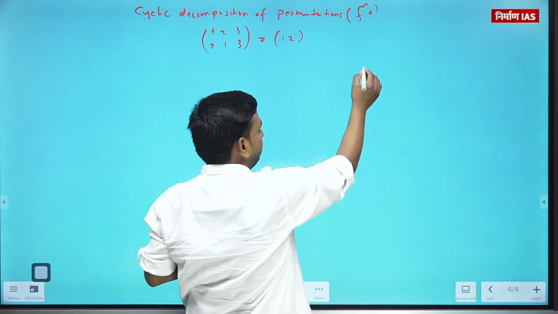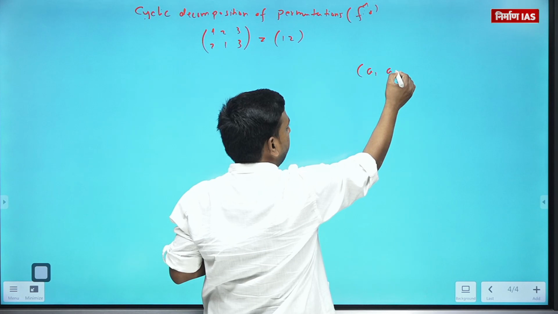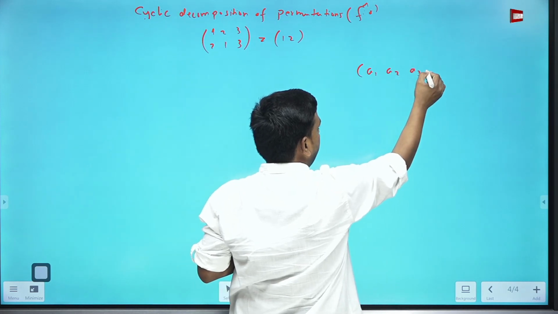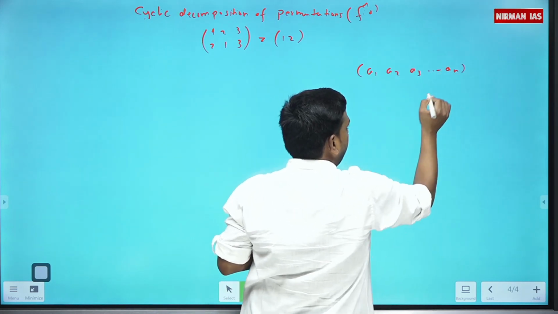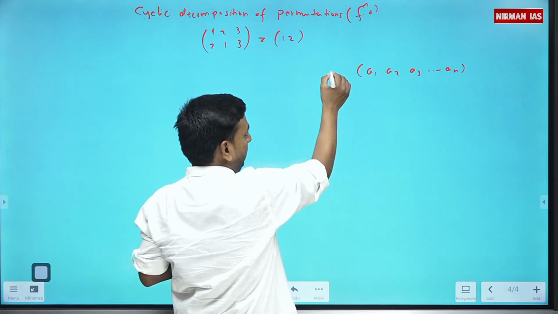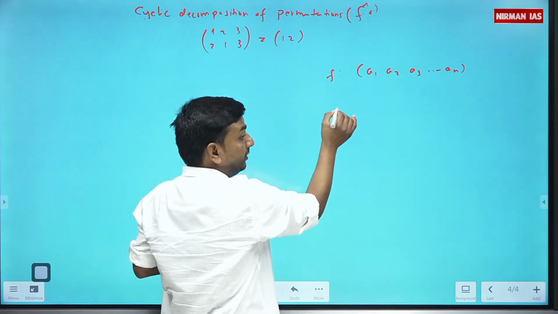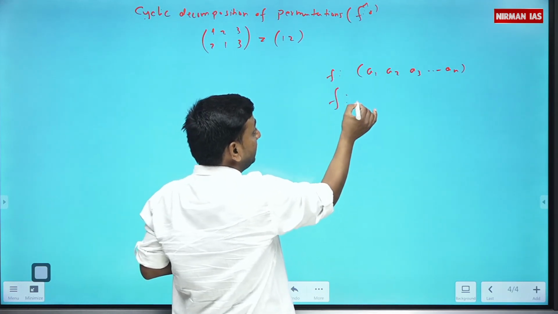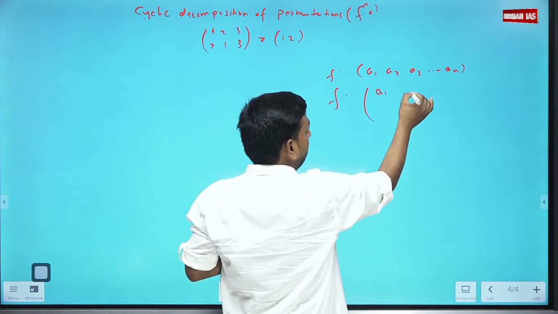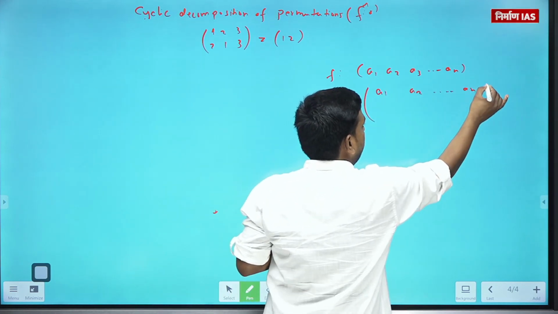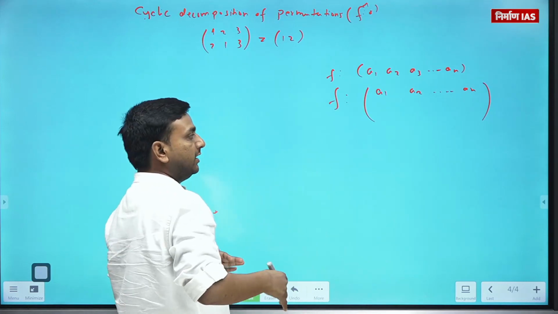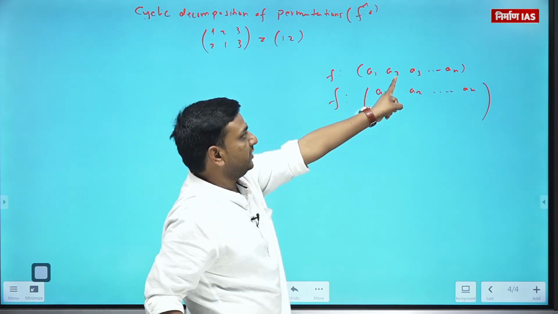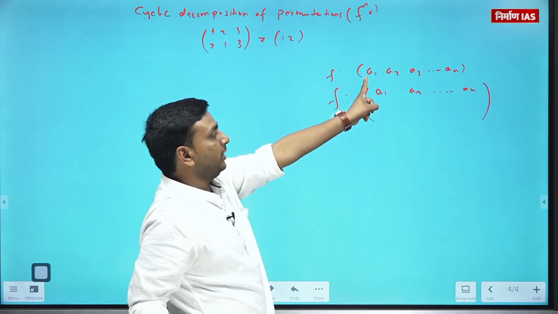If I have a cycle (A1 A2 A3 ... AN) and I call it F, then F is actually a function from {A1, A2, ..., AN} to {A1, A2, ..., AN}, such that the next element is the image of the previous.